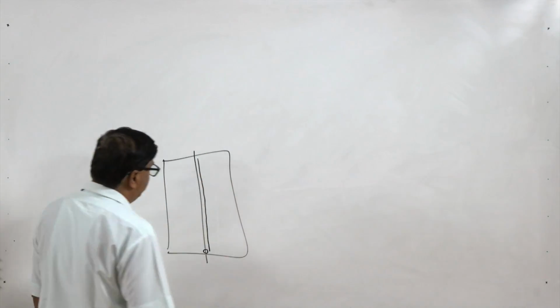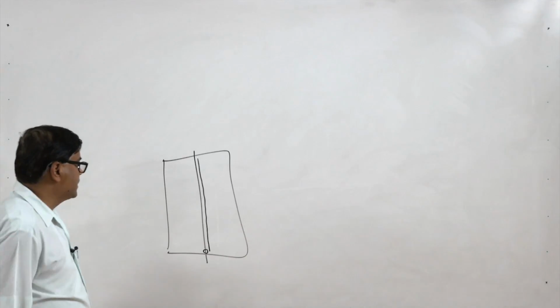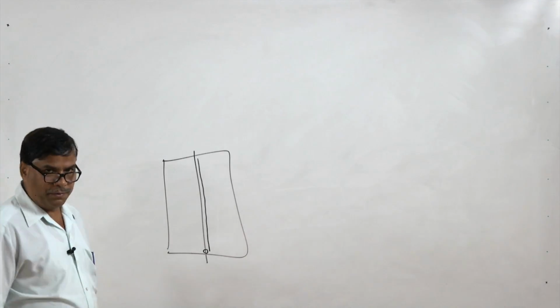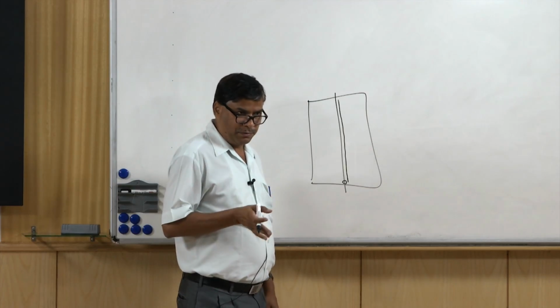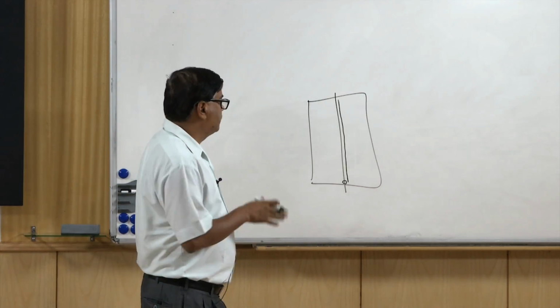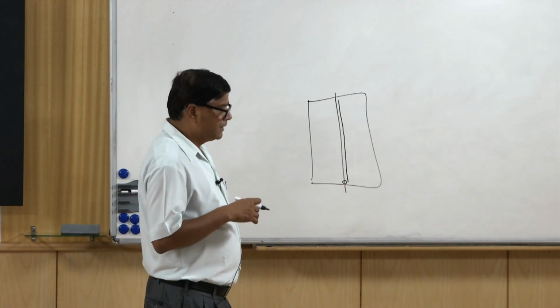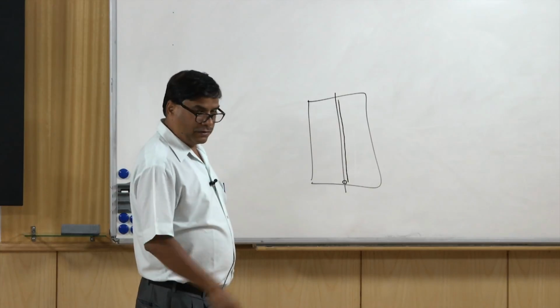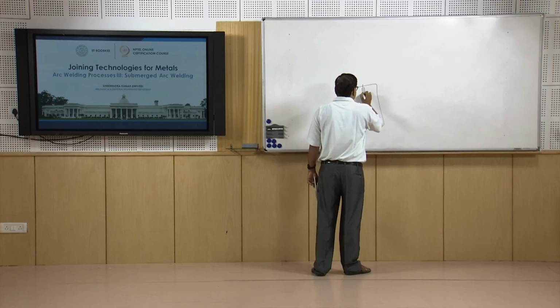So, the metal is deposited wherever it is desired. This is one major drawback, where we are actually not sure of where the metal is being placed. So, we need to first ensure the positioning of the torch and the electrode, so that the proper weld along the suitable line can be ensured.